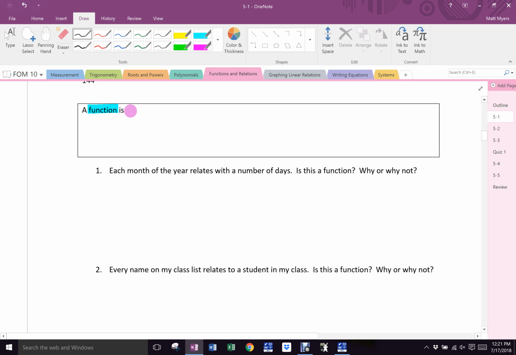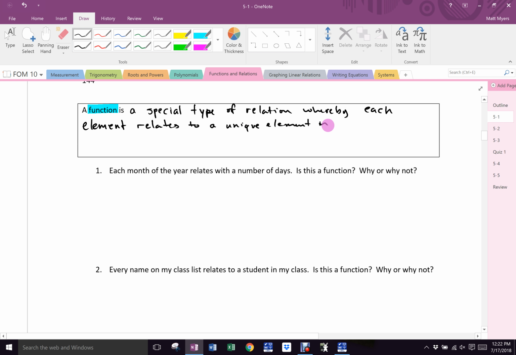A function is a special type of relation whereby each element relates to a unique element in the other set.